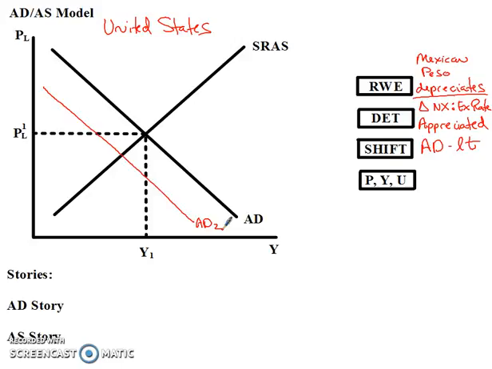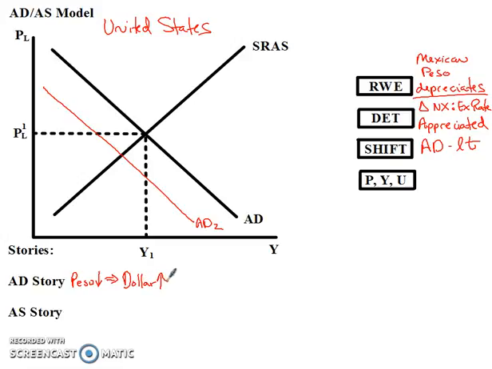Now, let's talk about our stories. My aggregate demand story is that the price of the peso went down in world markets, and that causes the price of the dollar to increase in world markets. That's the dollar appreciated. If dollars are more expensive, Mexican citizens will buy fewer dollars, and therefore they'll buy fewer American goods.